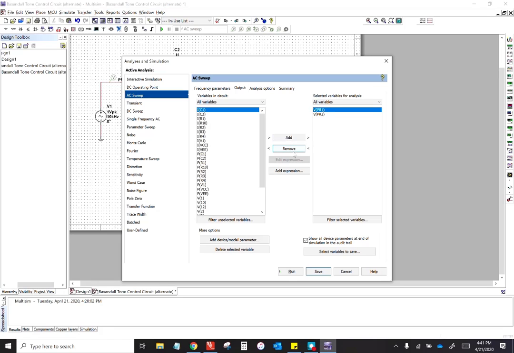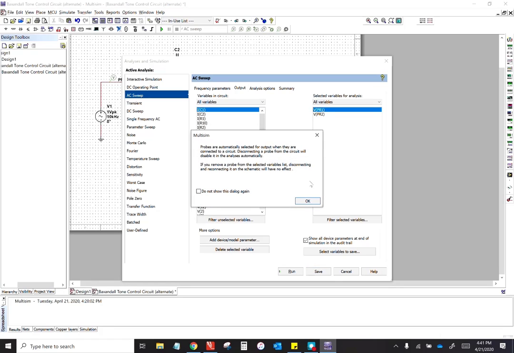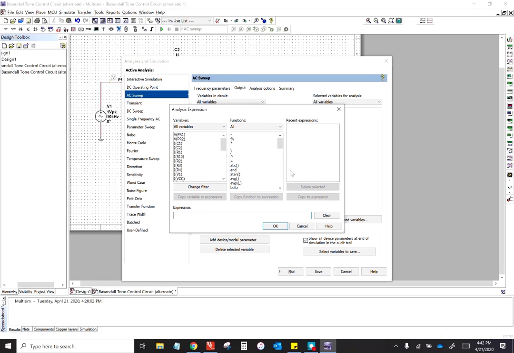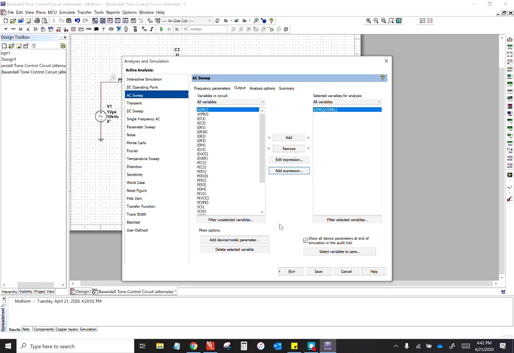So the first thing we're going to do is remove these two measurements individually, and instead we want to add an expression. So we want VPR2 divided by VPR1. And that shows up there. We now save it.